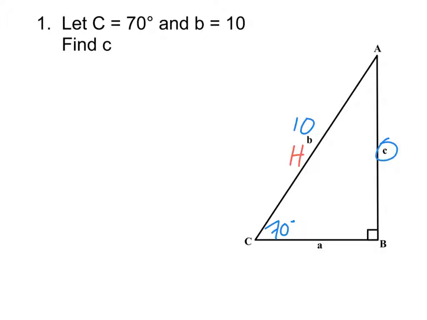And then I'll go to c, lowercase c, the side that I'm trying to find over here. And so this side, what do I call that side? Well, it's got to be either the opposite or the adjacent, of course, because I already used the hypotenuse. Notice from angle C, it's always from the angle that we're given. From that angle, it's the opposite side of the triangle.